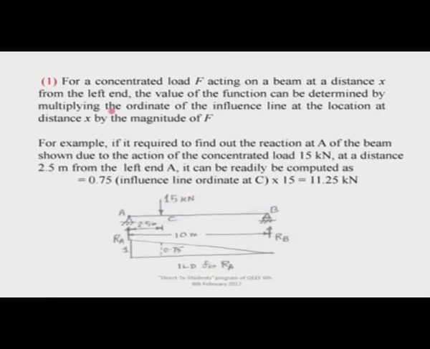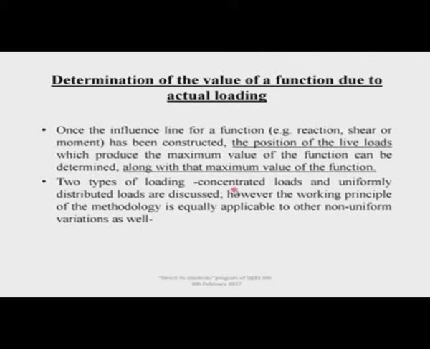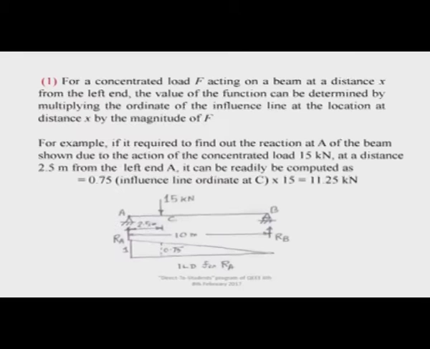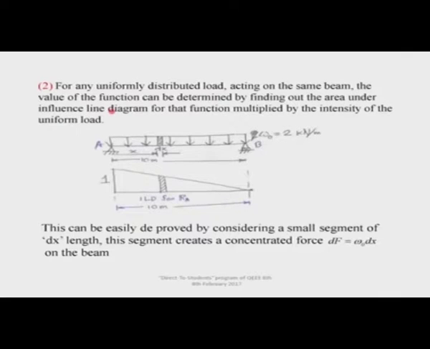Let me recapitulate quickly what we have discussed in day 1 session 2. Once the influence line diagram is drawn, either with the concentrated load or with the uniformly distributed load, how do you actually determine the quantities?